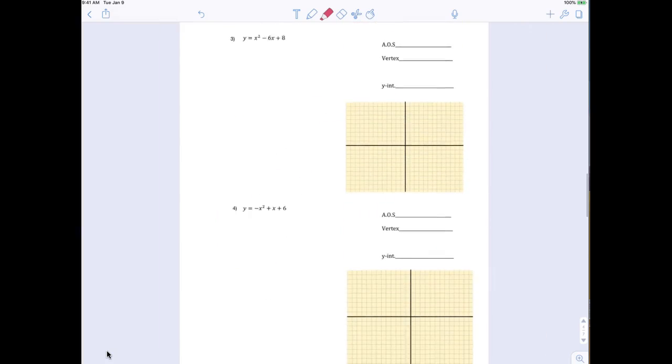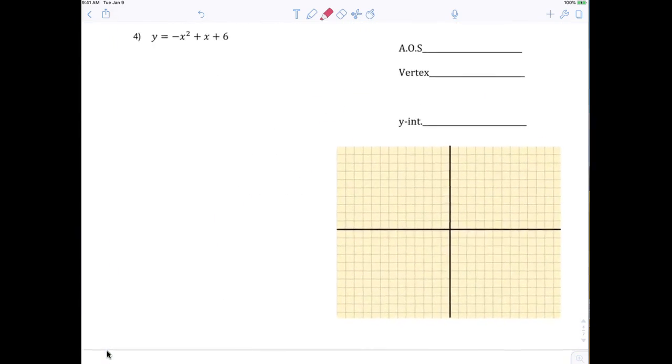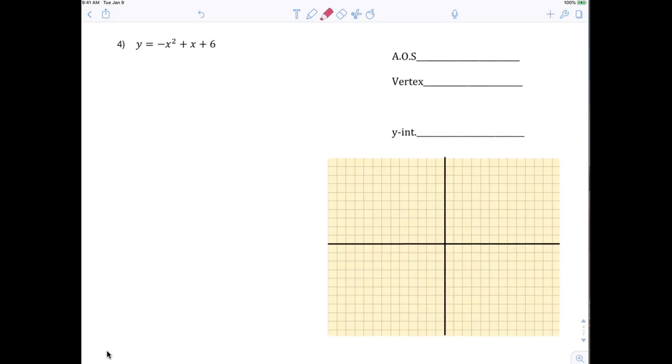All right, let's check out number 4. Now this is good review because I think we're dealing with fractions, and a lot of kids have trouble with fractions. All right, so here we go. Axis of symmetry. X equals, what's negative b going to be?